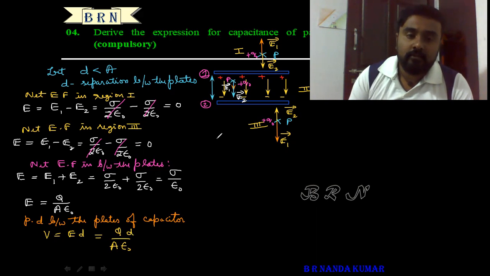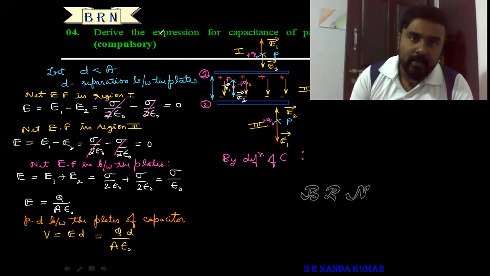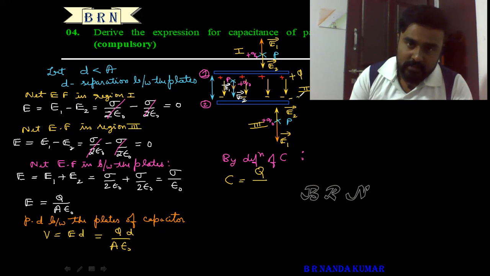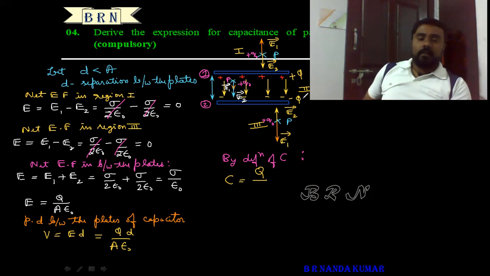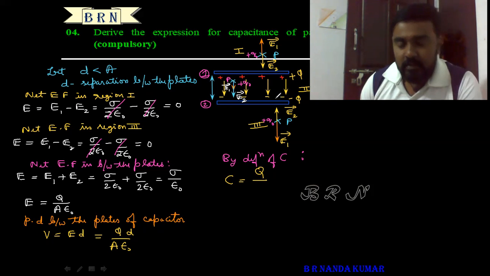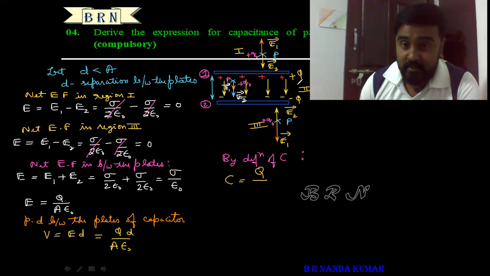Now, using the definition of capacity. What is the definition of capacity? It is the ratio of the electric charge on any one of the plates of the capacitor, plus Q on one and minus Q on the other, to the potential difference. What is the net charge on the capacitor? That is 0, since plus Q minus Q is 0.